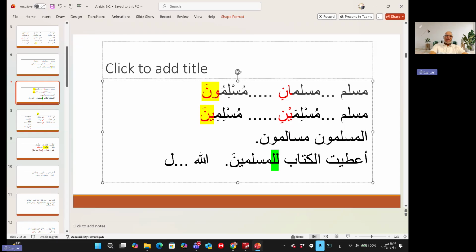So you should write two lams and then the ha. But Arabs do not like to have three of the same letter following each other, so you have to drop one of them. So we are left with fewer letters in writing, but more letters in pronunciation. Subhanallah. So Allah, and then you say Lillah, more letters in pronunciation, but fewer letters in writing.